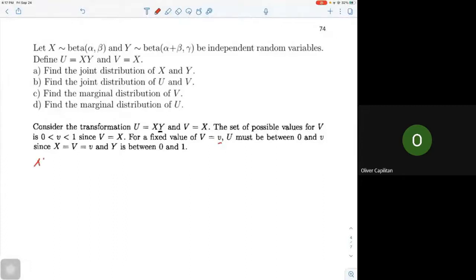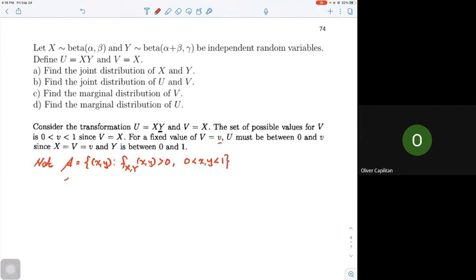Okay, we're going to define now our sets. So our script A is the set of ordered pairs (x, y) such that the joint PDF is positive, that is, x and y are between 0 and 1.